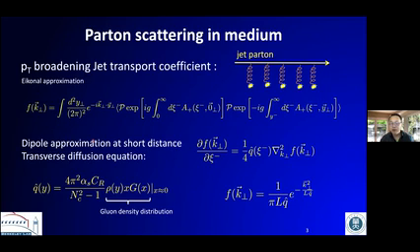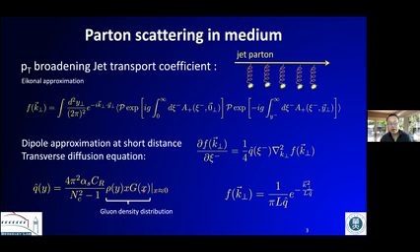You find that this transverse momentum distribution in fact satisfies a diffusion equation, with the coefficient defined as what we know as the jet transport coefficient, and you find that this is proportional to the gluon density distribution inside your medium.